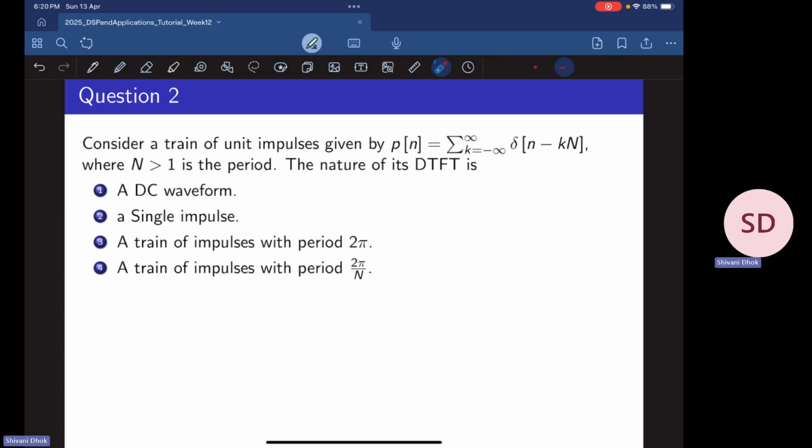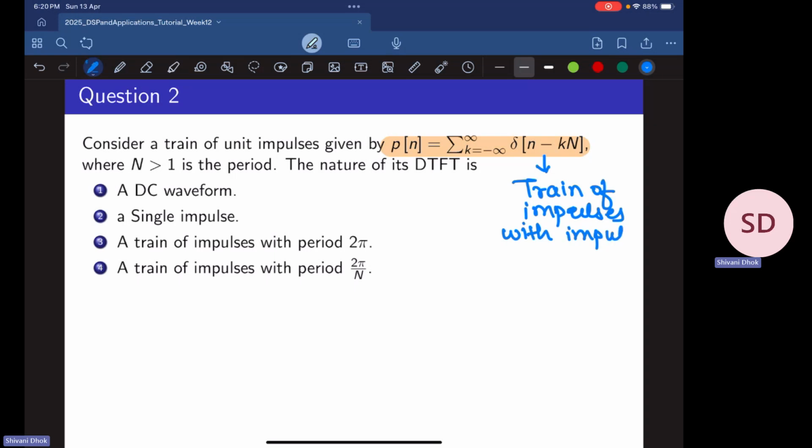So these are a train of impulses with an impulse at every integer multiple of N.